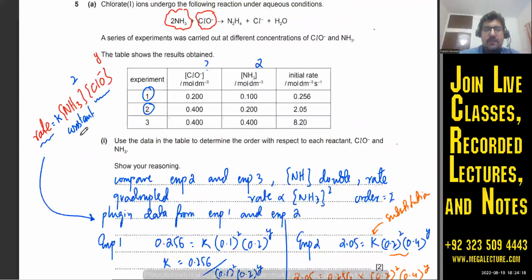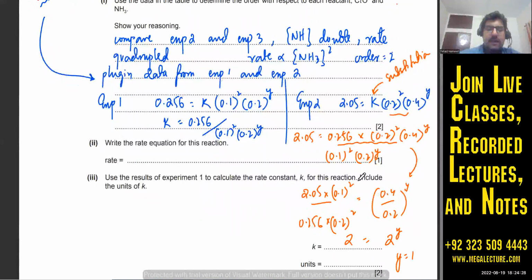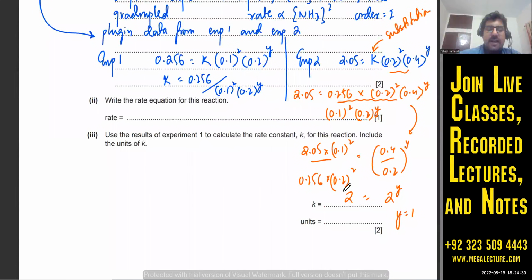So I put in data for experiment one, put in data from experiment number two, and solved them simultaneously. Took the k from one equation, put it in the other one, and when I solved it, I found out that it simplifies to 2 is equal to 2y, right? So the 2 ki kya power hoga to get equal to 2, that's going to be 1.